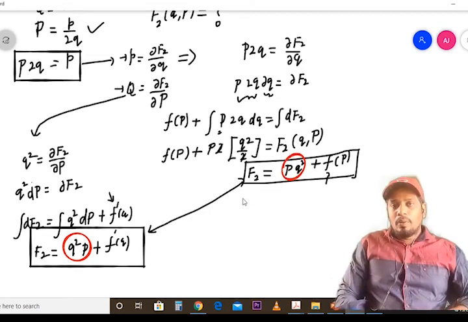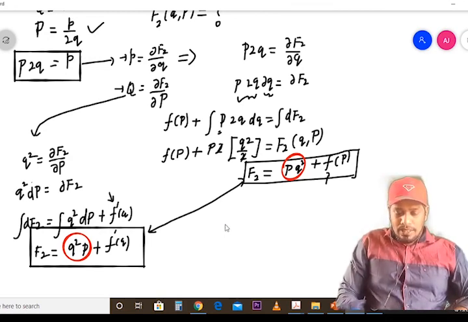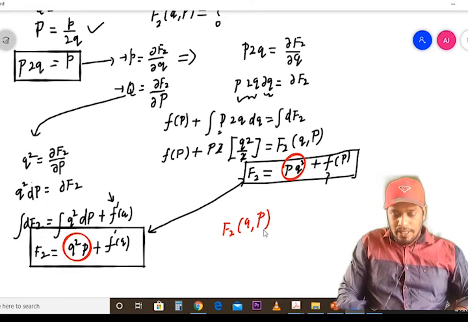So one possible solution for the given transformation, the generating function F2, which is a function of the old position coordinate and new momentum coordinate, would be equal to P q² or q² P. That is one possible solution.